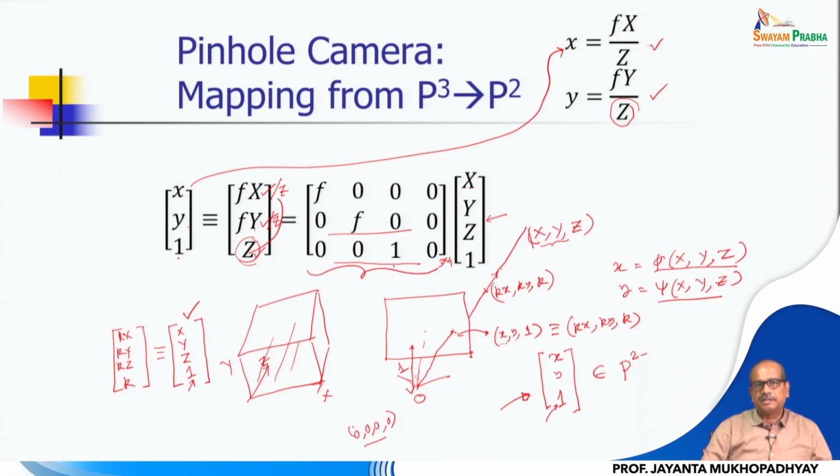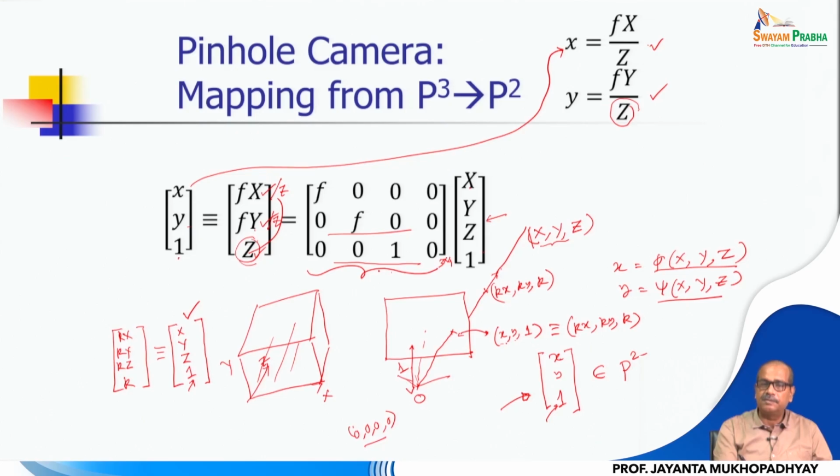Since this is a projection from a 3-dimensional projective space to a 2-dimensional projective space, we call this matrix the canonical projection matrix. You see that it is a transformation, but it is a projection matrix, not a projective transformation. A projective transformation is a linear transformation from a 2D projective space to another 2D projective space.